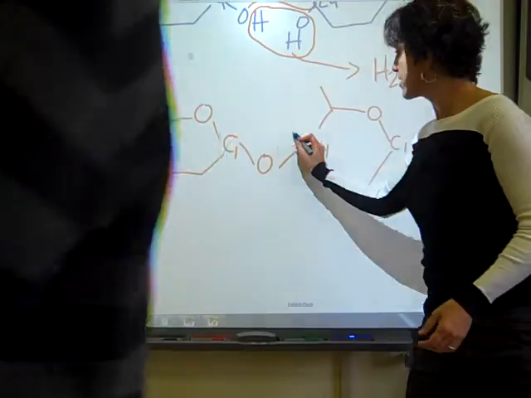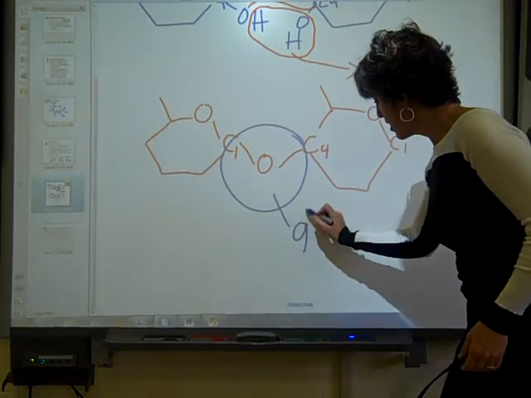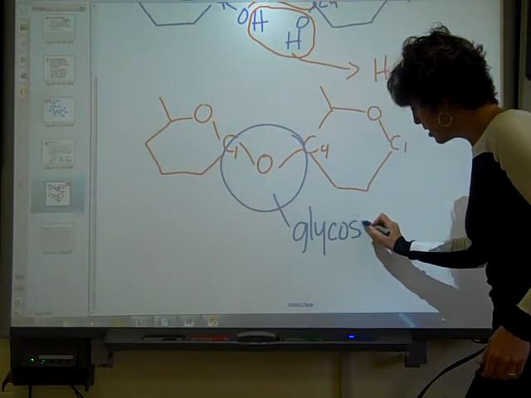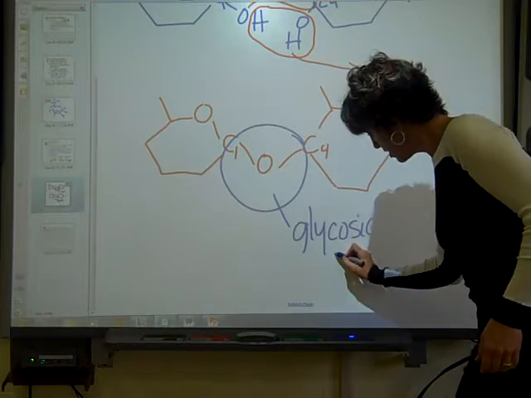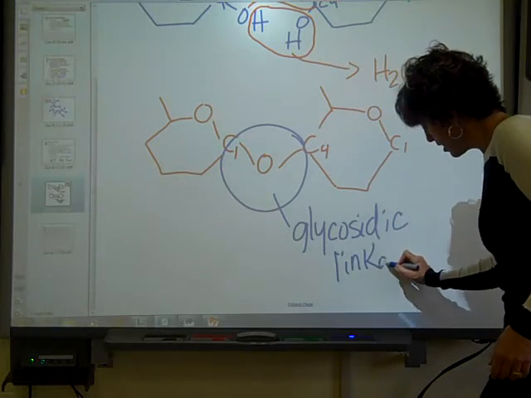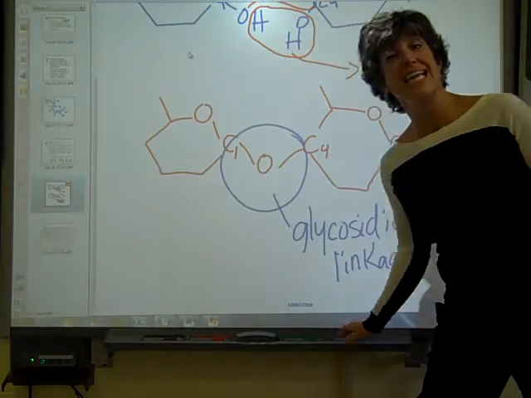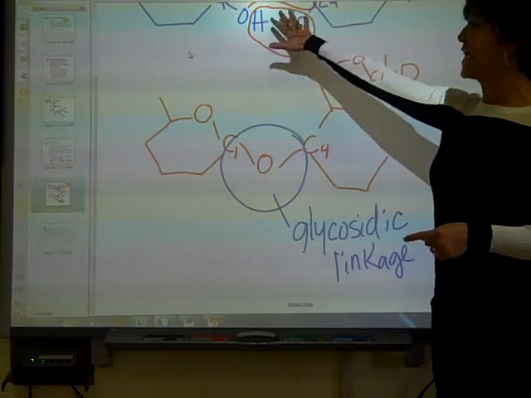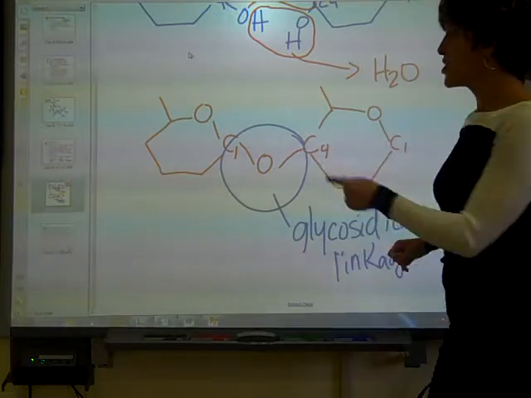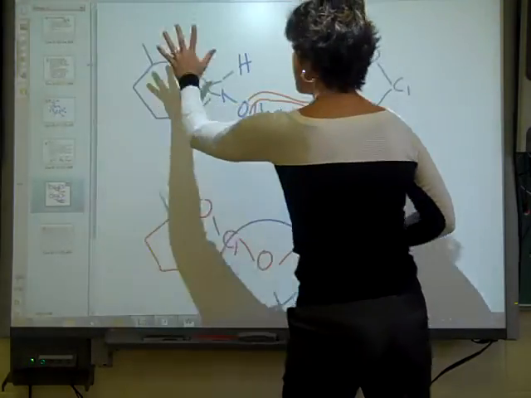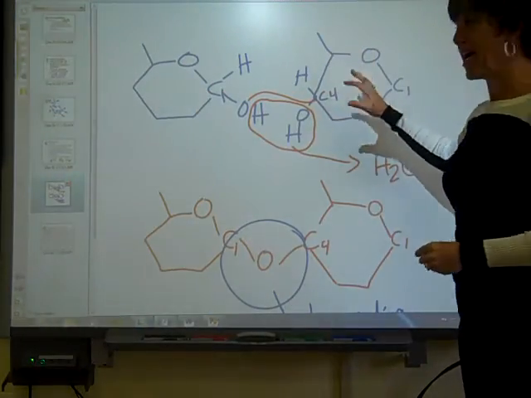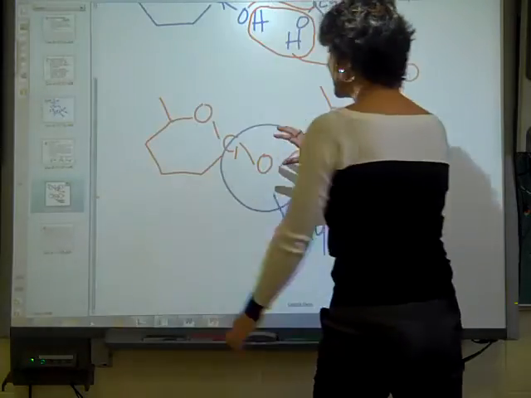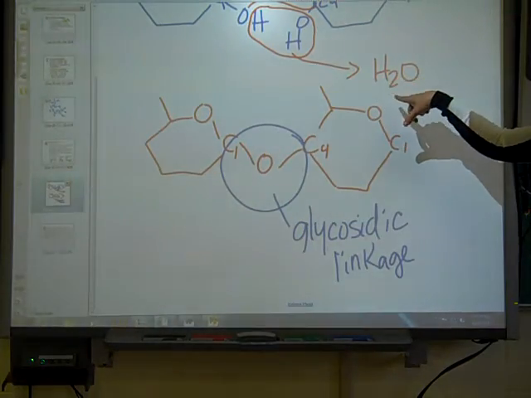So I'm just going to draw a circle right here. The connection, the new forming, there it is, glycosidic linkage. We got it because we removed water. So we started with monosaccharide, monosaccharide. We ended with a disaccharide, and we ended with water.